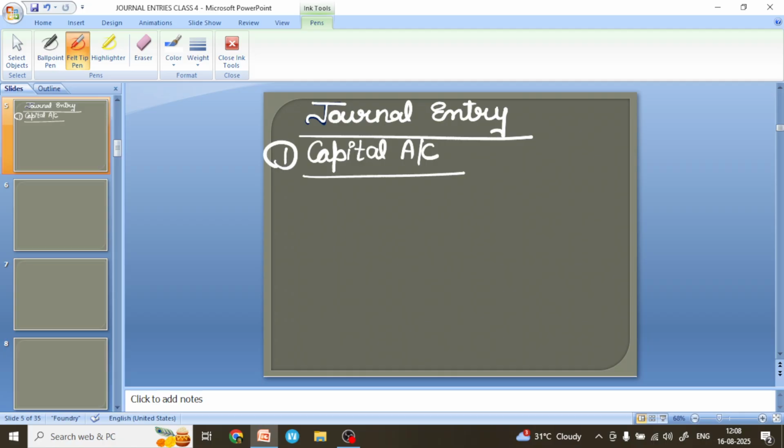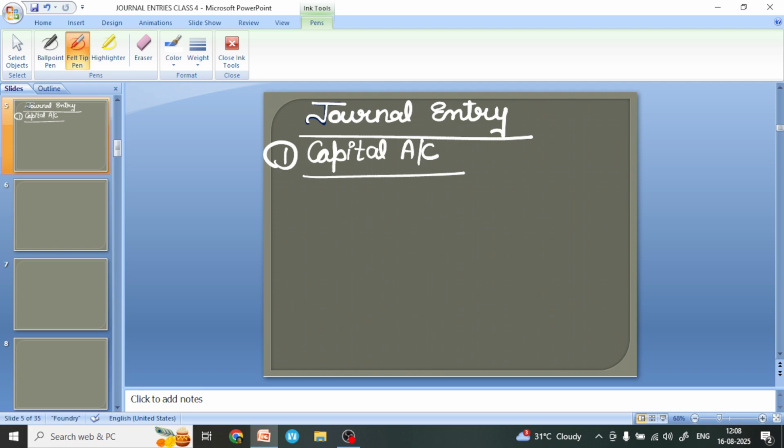In simple words, when you start any business, you invest some money, or you invest your plant, your land, your building, etc. These all things are capital when you invest them at the start of the business.